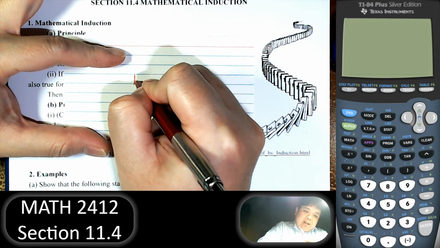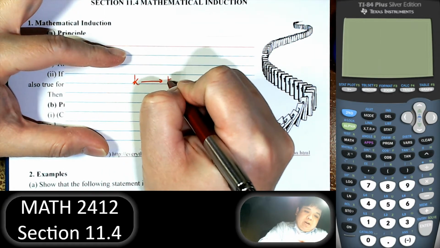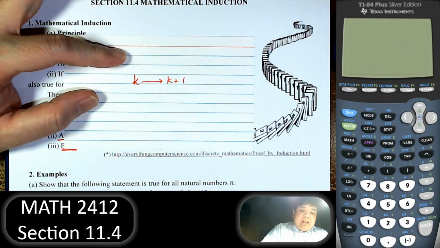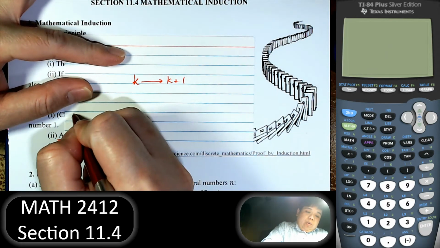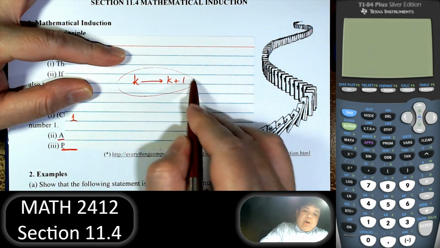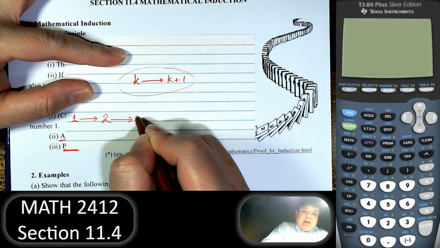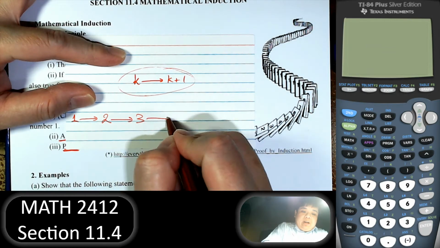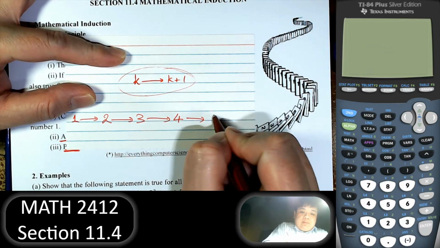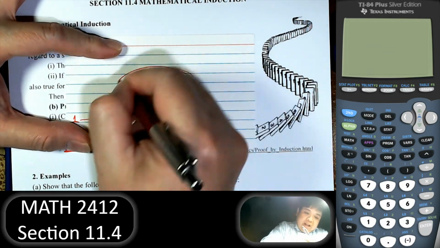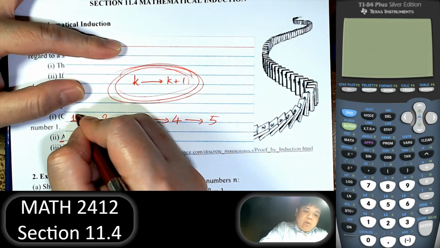If we know that going from k to k plus 1 is true, and we know 1 is true, then of course 2 is also true, and if 2 is true, it will be true for 3, and then true for 4, and then just keep going. So we need this, and we need where to start.